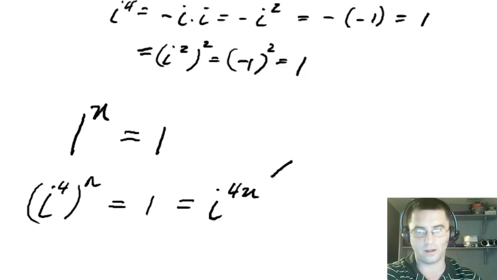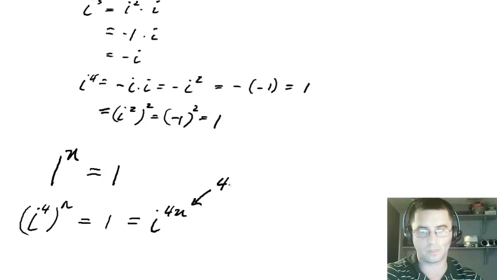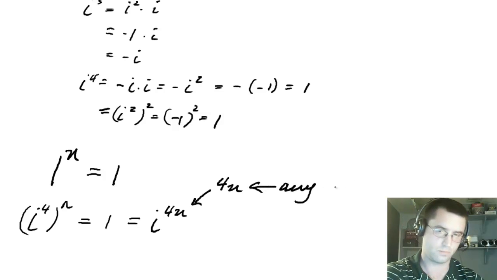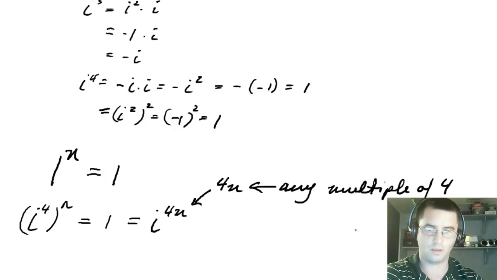What's 4n? 4n is any multiple of 4, any integer multiple of 4. If you take I to any integer multiple of 4, you get 1.